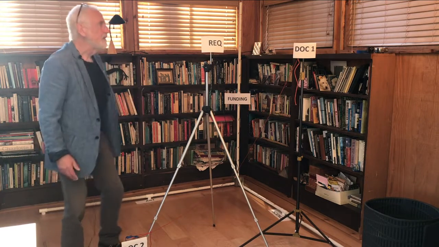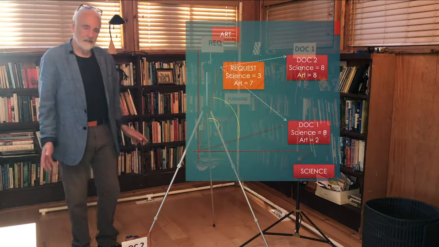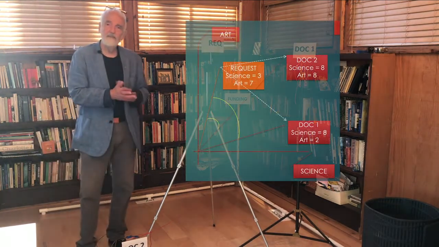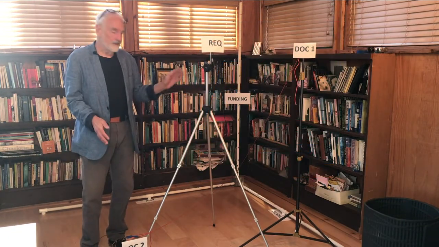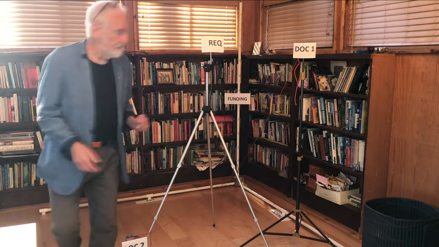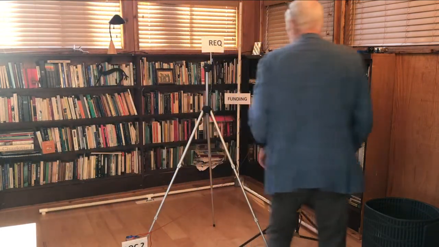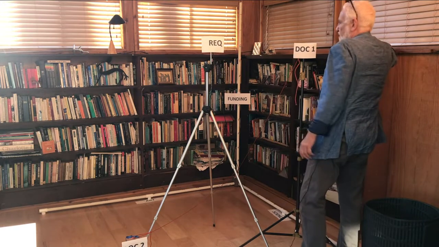So, as you could see in the 2-dimensional piece that we did earlier, you could eyeball with 2 dimensions. Looks like this one is closer. You could even measure them.